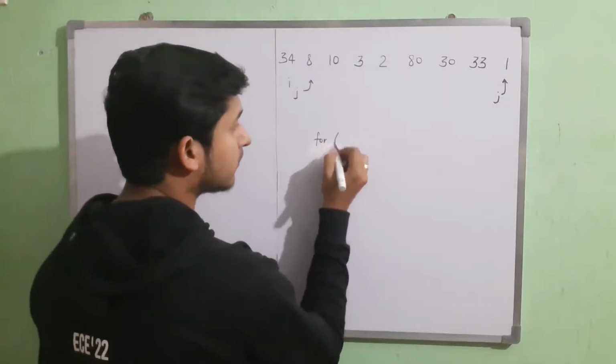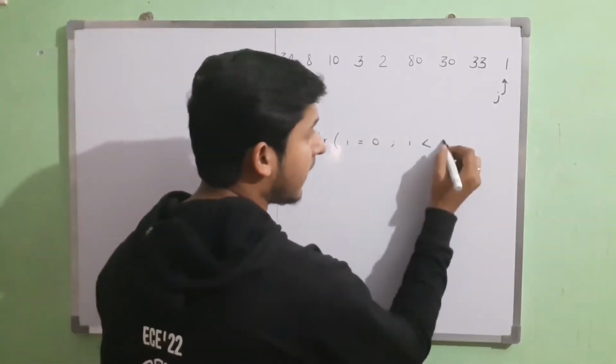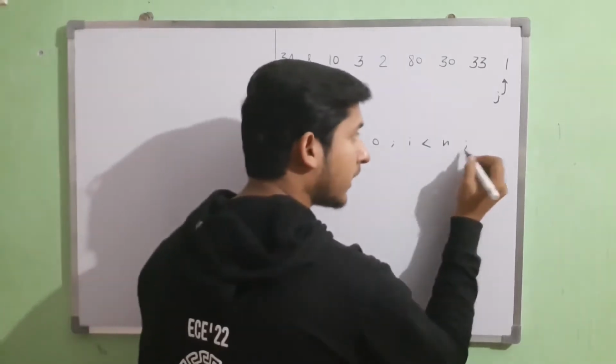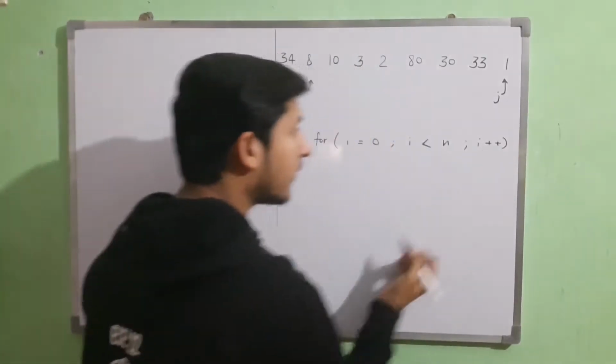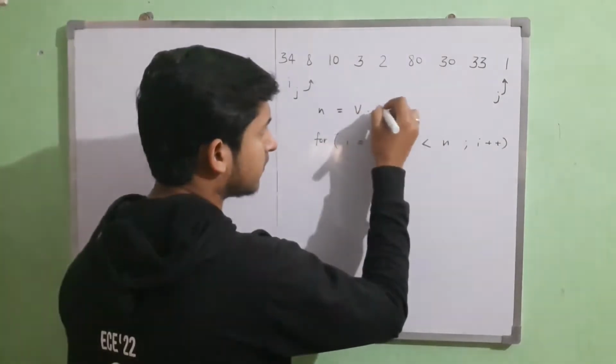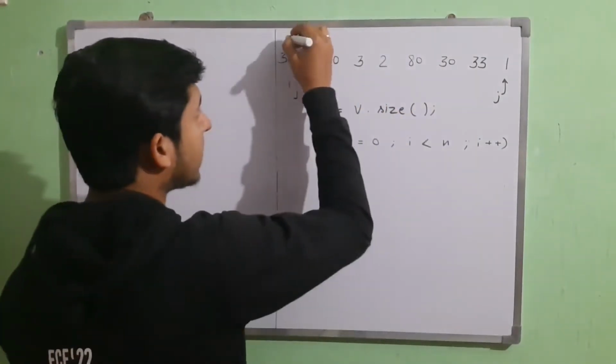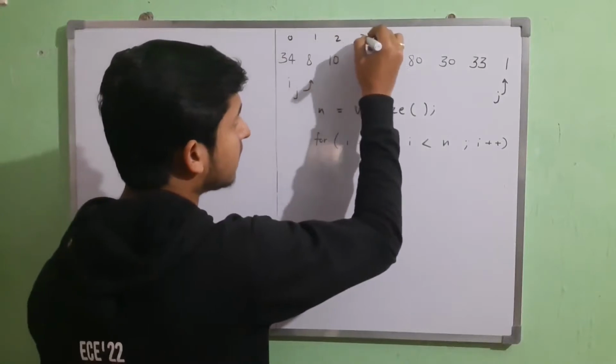For i equals 0, i less than n, i plus plus, where n is the size of this vector. And these are the indices of these elements.